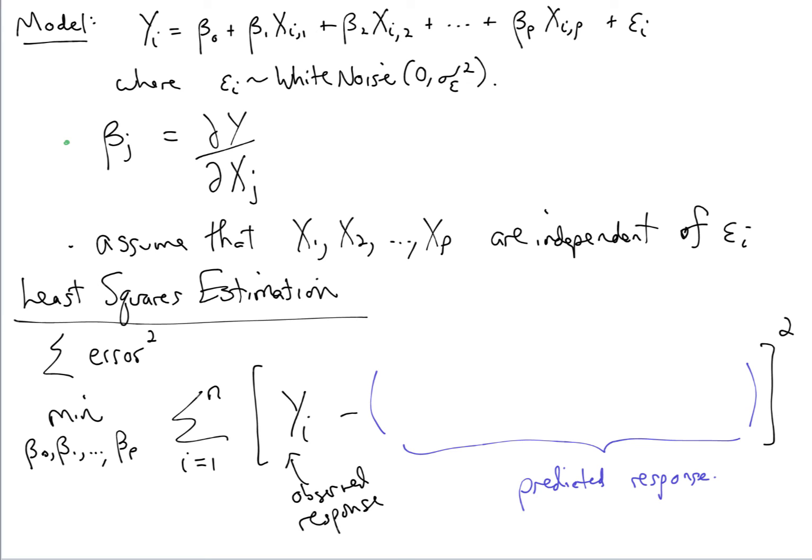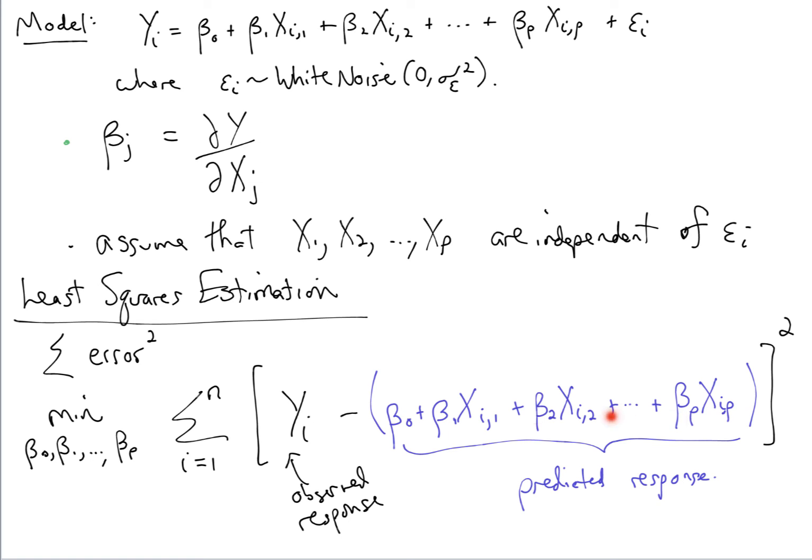And our predicted response comes from our hyperplane. So in here, we have our beta naught plus beta 1 xi1 plus beta 2 xi2 up to beta p xip.